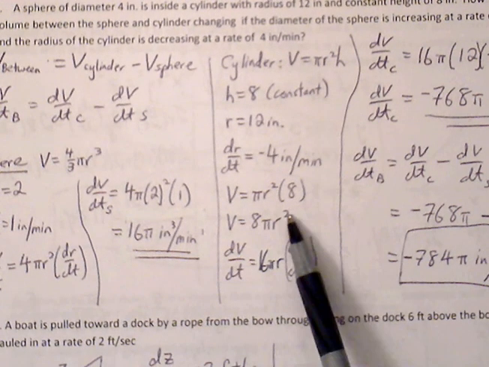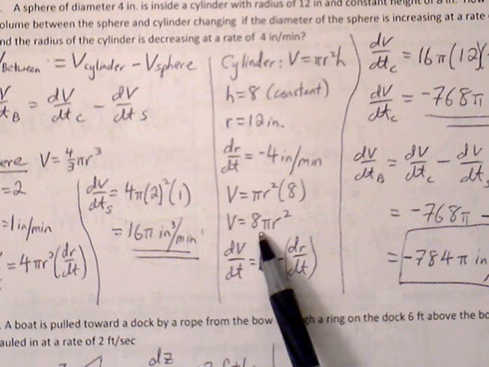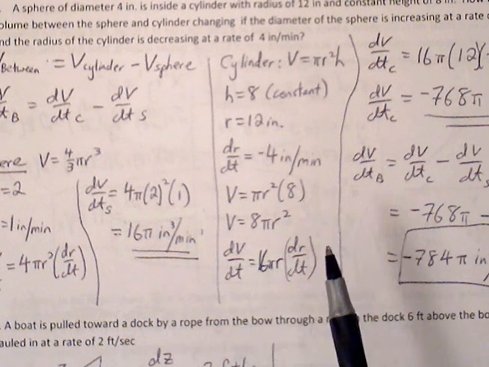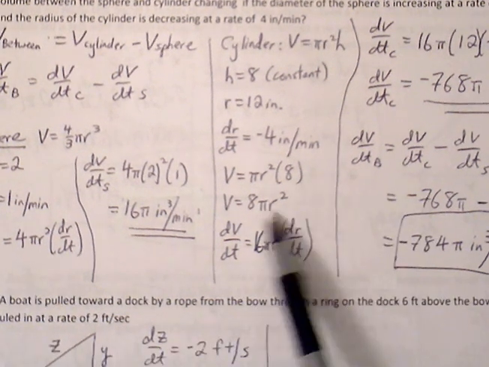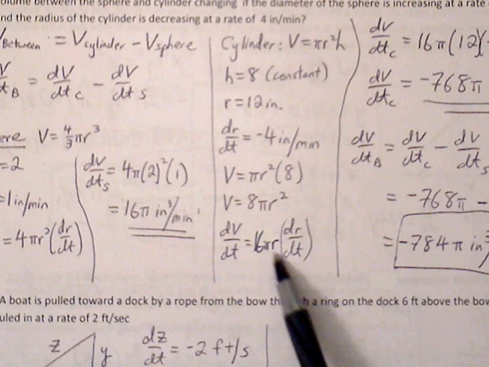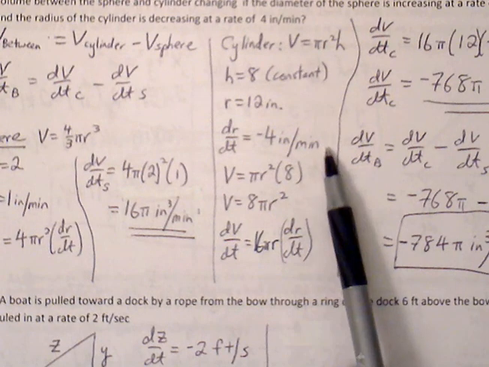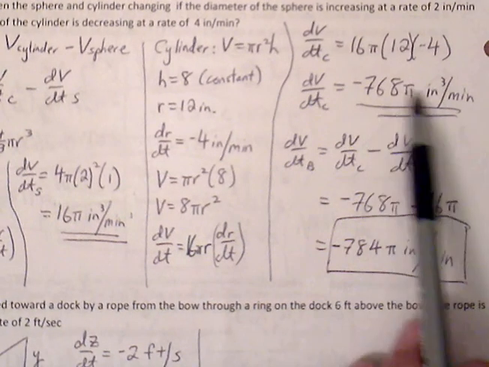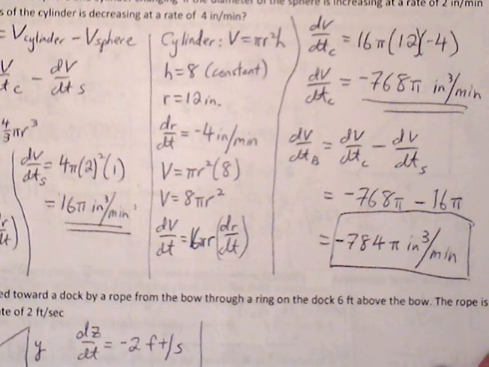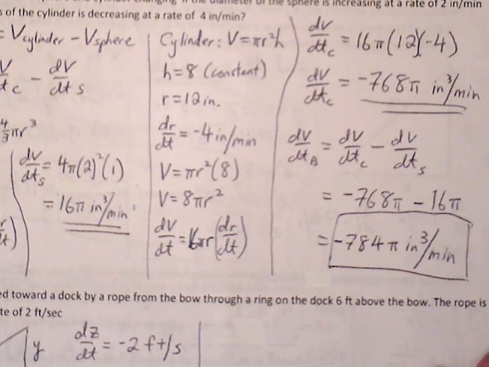So we get 8 pi r squared. Now we're ready to find the derivative. We haven't found the derivative yet. So V becomes dV/dt. 8 pi r squared becomes 16 pi r dr/dt. Replace the r with 12. Replace dr/dt with negative 4. And we simplify this to give us negative 768 pi cubic inches per minute.